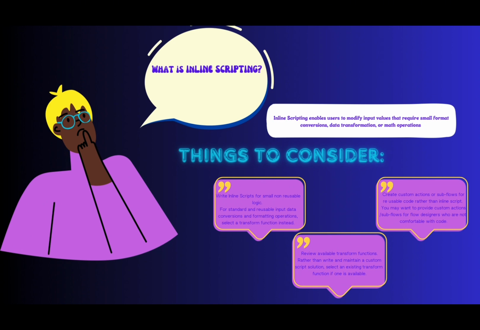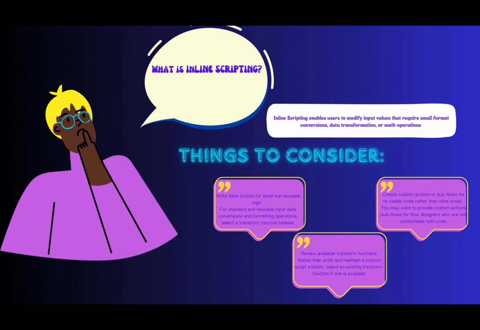So I'm going to include a project documentation below this video. As I'm talking, you should be able to see it. And in this project documentation, it goes really in depth about what inline scripting is and about a few things we need to consider before using inline scripting.